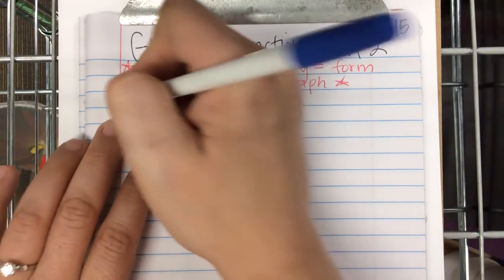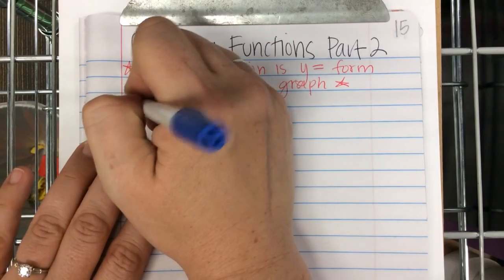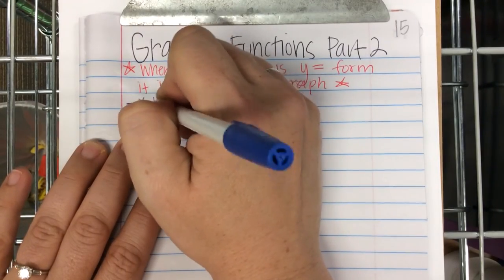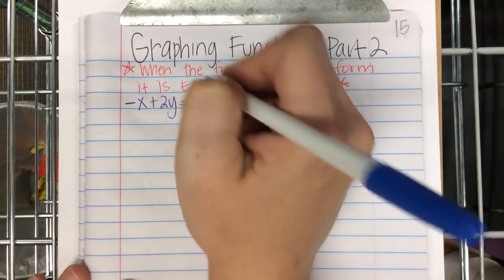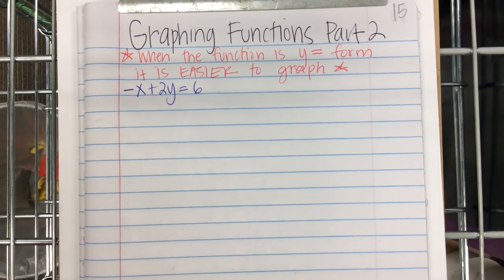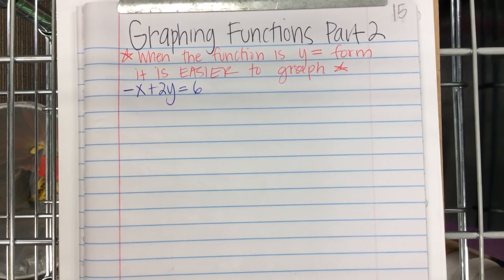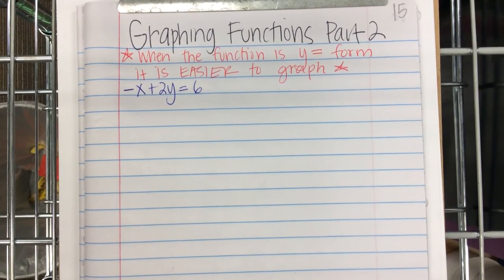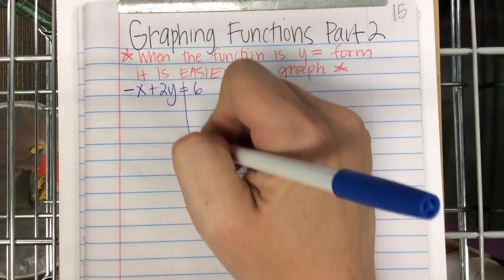So let's do a more difficult problem. Negative x plus 2y equals 6. Looking at that equation, is it in y equals form? No, so let's make it in y equals form.